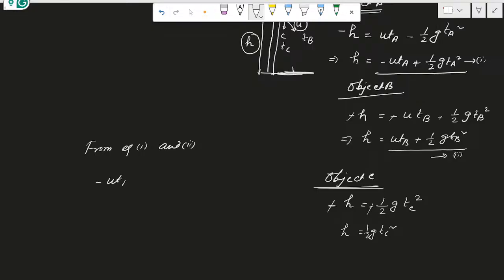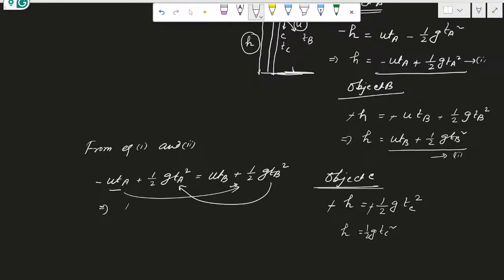Minus u ta plus half g ta square is equal to u tb plus half g tb square. Now, we have to rearrange it: bring the u ta to this side and bring minus half g tb square to the other side.